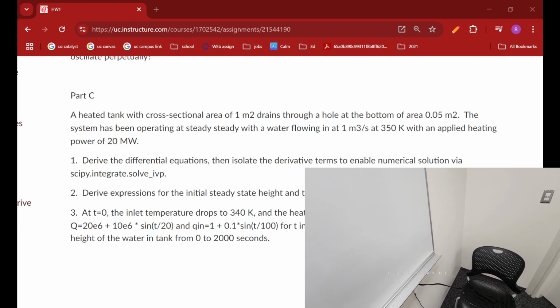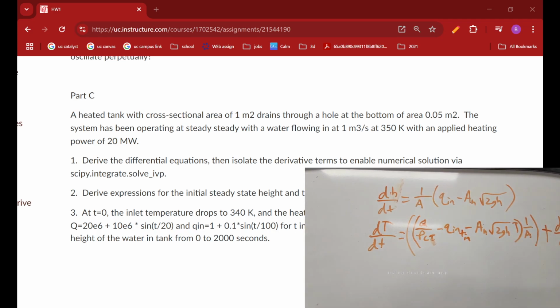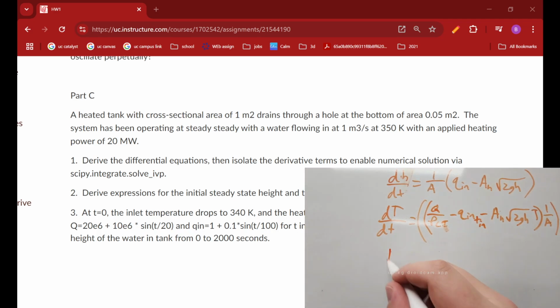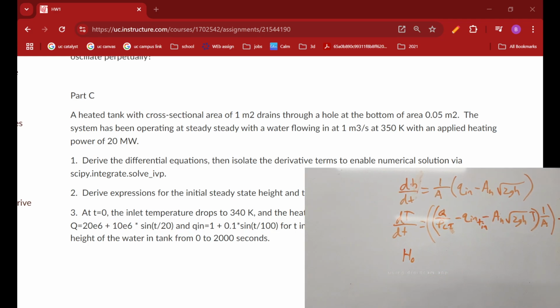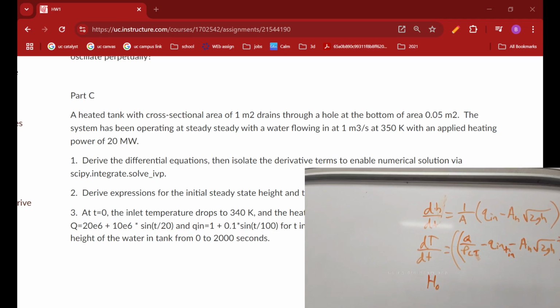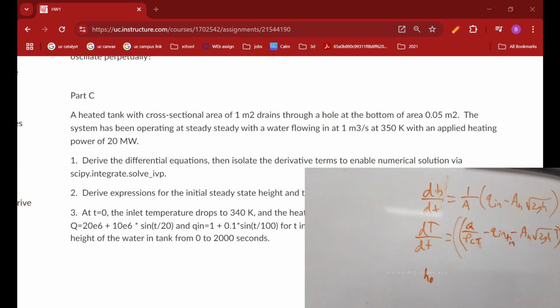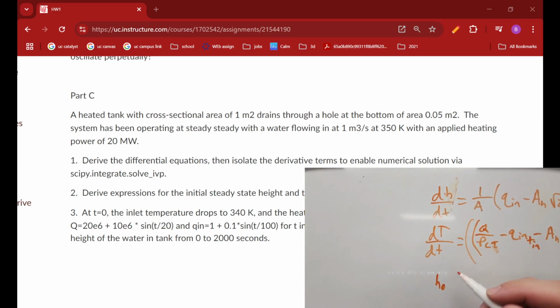So we'll need to start by finding our initial height, which I can make lowercase. All my heights should be lowercase.